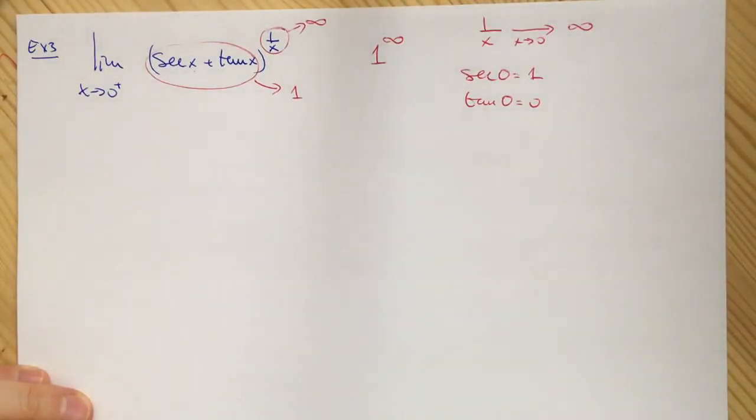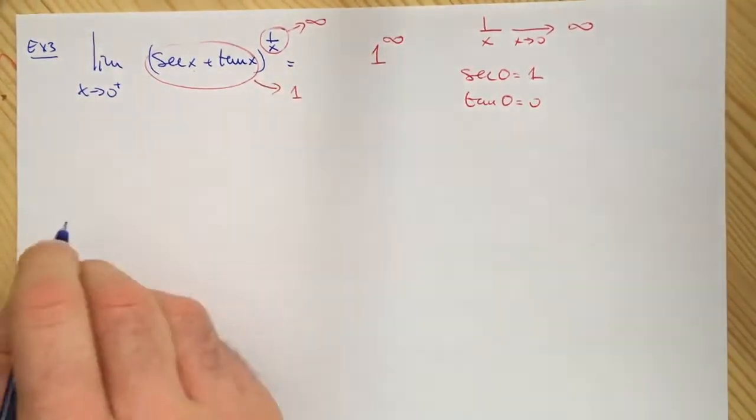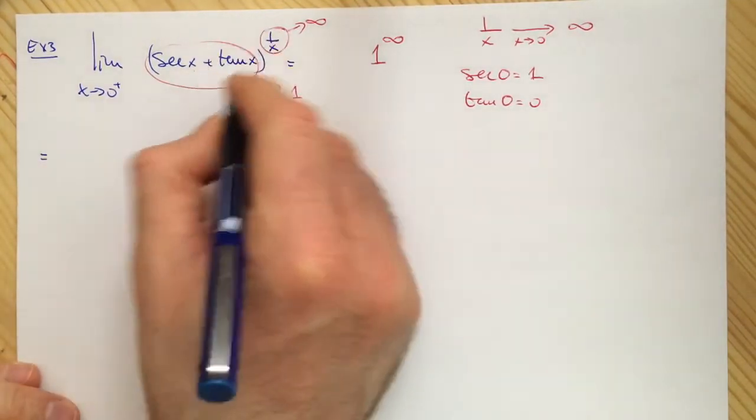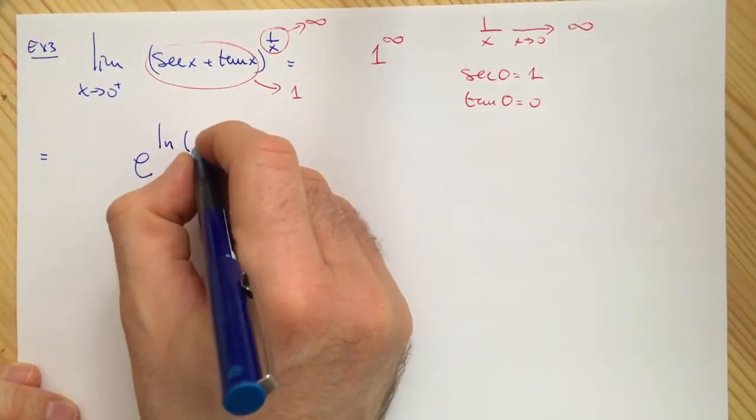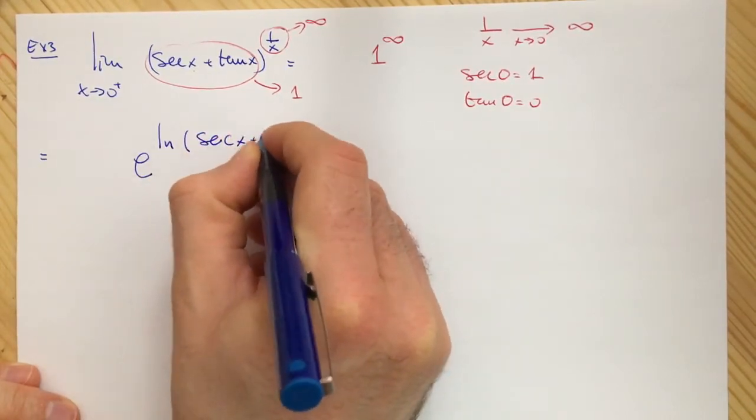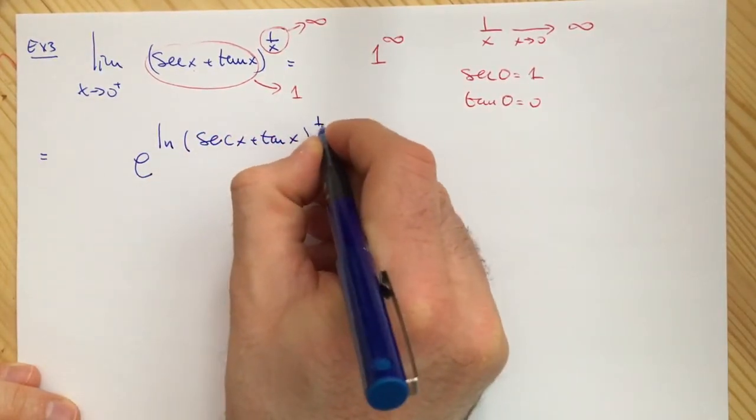Okay, so we don't know how much this is. And again, what are we going to do? We're going to rewrite this expression as e to the power of ln of secant x plus tangent of x to the power of 1 over x.